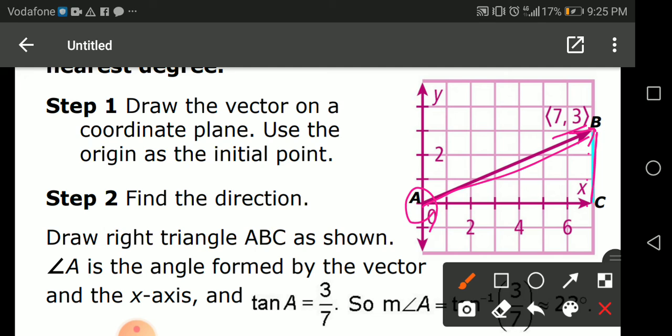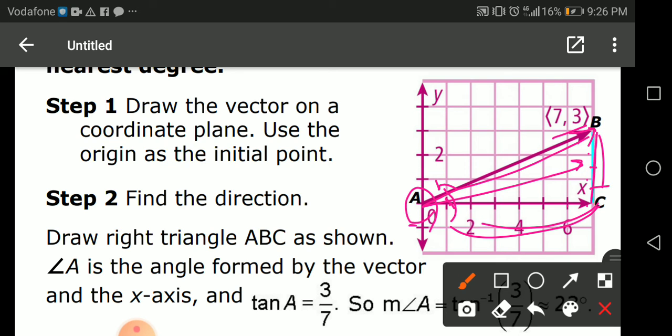Find the direction. So I need to find the direction now. This is the angle here, the counterclockwise angle. Move counterclockwise, and it will be angle A. As the last one, tangent of angle A will be the opposite over the adjacent.